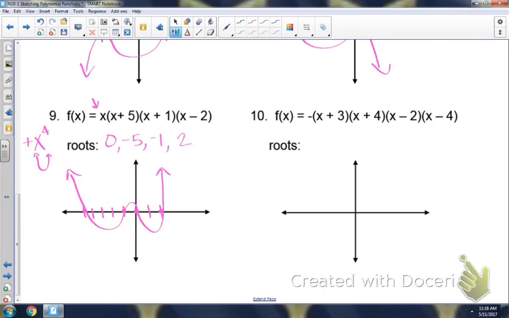All right, 10. We have a root at -3, -4, 2, and 4. There's 4. It's negative, so that means overall it should be opening down. So I have a root at -4, -3, 2, and 4.